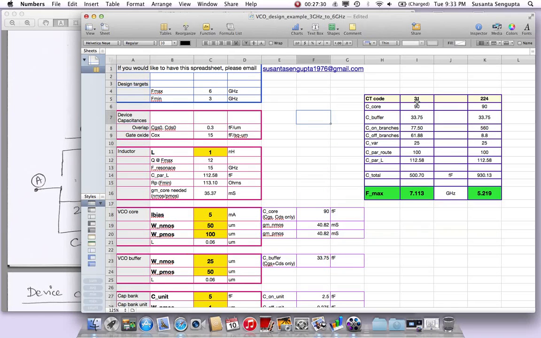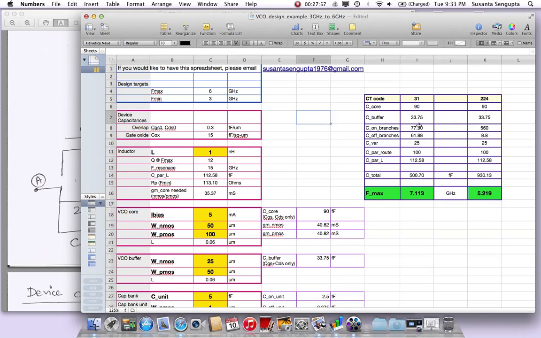Then you have 31 codes left to cover for the process shift that will happen. If at code 31 you hit this Fmax and your process shifted, whether slow or fast, you can still have a code which is not the extreme code, but maybe 10 or something, with which you can hit the same number when the process shifted.